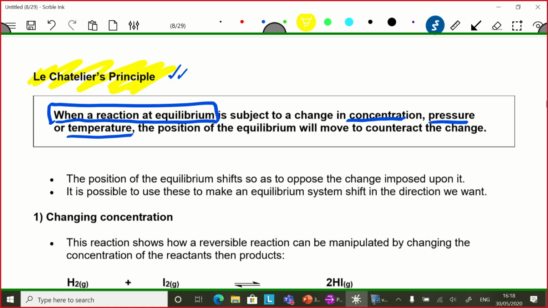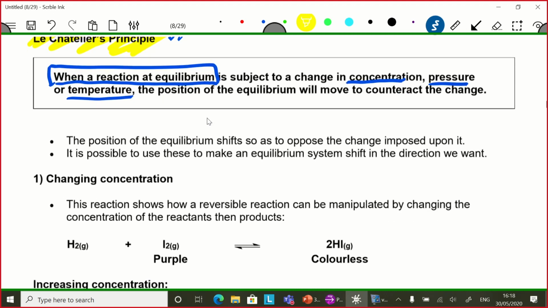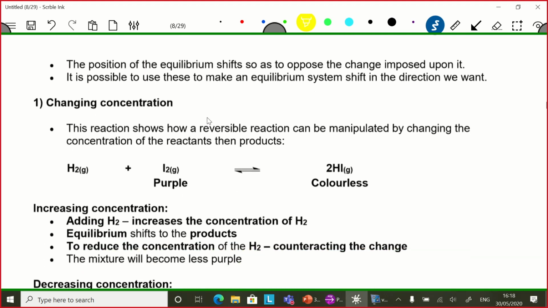We're saying you have a system at equilibrium, and some external factor like concentration, pressure, or temperature has been changed, and because of that the equilibrium state has been disrupted, and the system is going to respond by re-establishing the equilibrium again. What are these factors going to affect the equilibrium? The first factor is going to be changing the concentration.